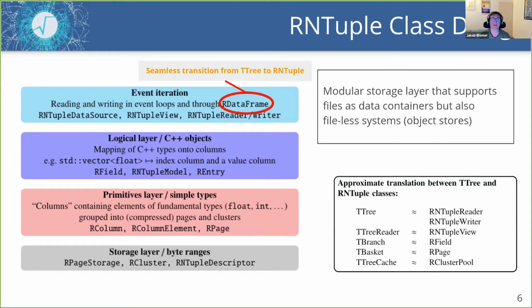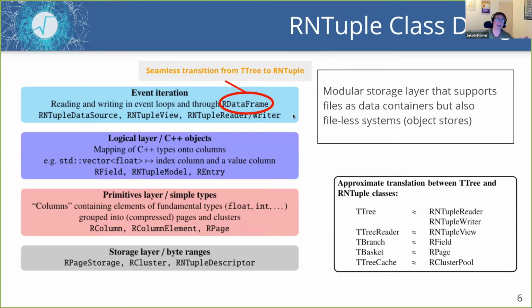And on top of that, we have a logical layer for the C++ objects. The logical layer defines how more complex C++ objects get mapped into the primitives layer. For instance, a more complex C++ object might be std::vector<float>, and an std::vector<float> would be mapped into 2 columns in the primitives layer, 1 column for the floats and 1 column that tells us about the size of the vectors.